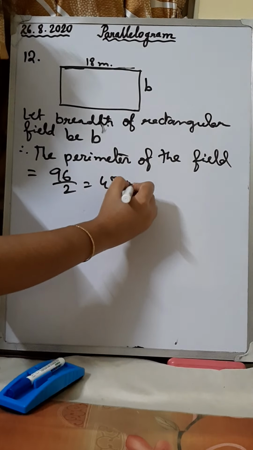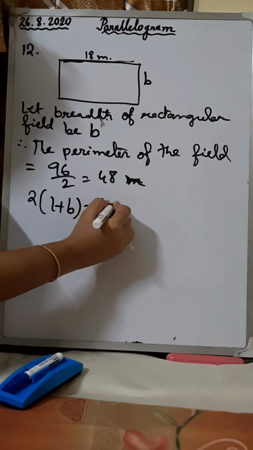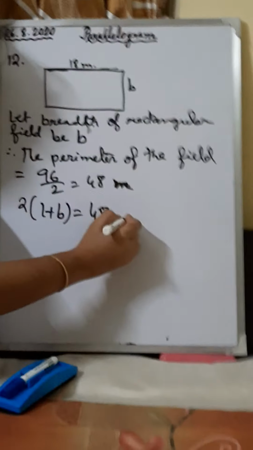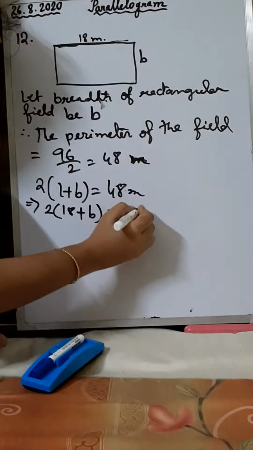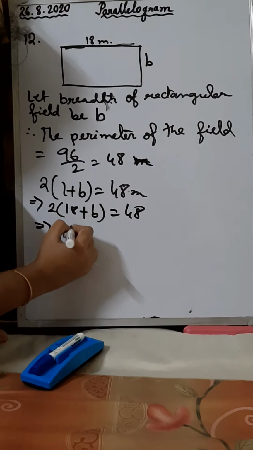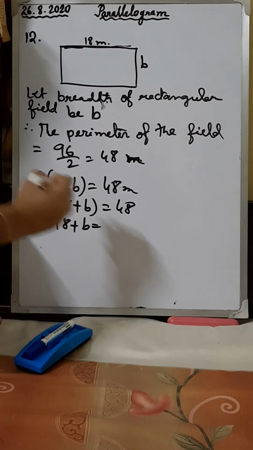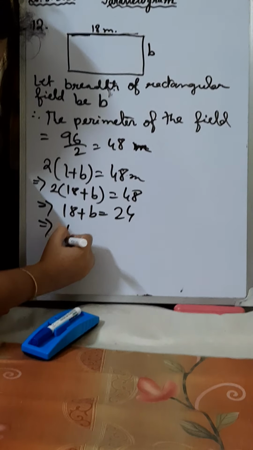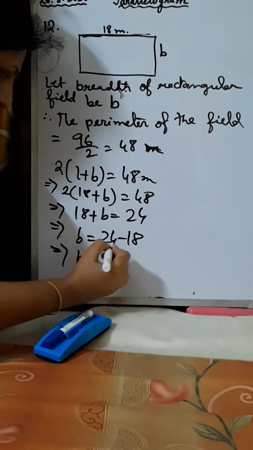Now you know the formula: 2 into length plus breadth equals perimeter. Perimeter is 48 meter. So 18 plus B equals 48 divided by 2, that means 24. So B equals 24 minus 18, or B equals 6 meter. That means the breadth of the rectangular field is 6 meter.